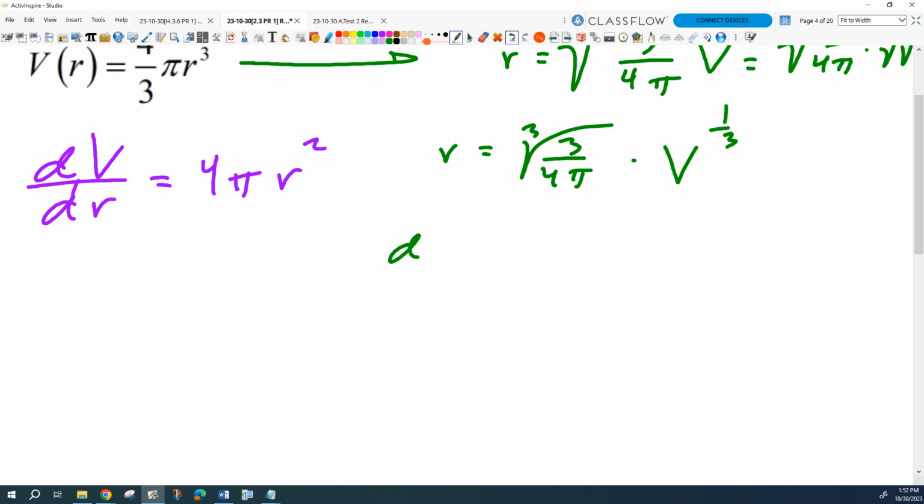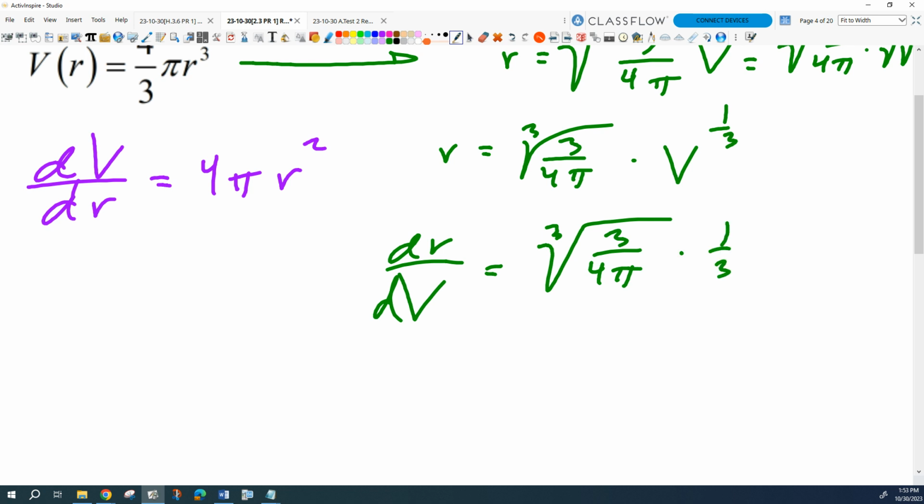Then what would dr/dV look like? What's the derivative of V to the 1/3? 1/3, I heard it. V to what power? Negative 2/3. Okay. So the cube root of 3 over 4 pi times 1/3 times V to the negative 2/3.